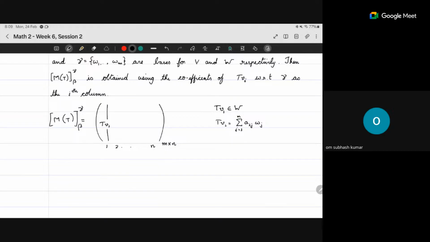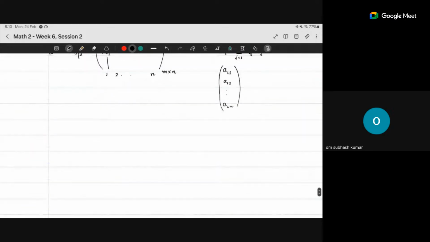So this vector A11, A12, and so on up to A1n is the coefficient vector for T V1 in terms of the basis Wj. And this is your column corresponding to T V1, or the first column of the matrix. This is the theoretical explanation. Let's take an example.